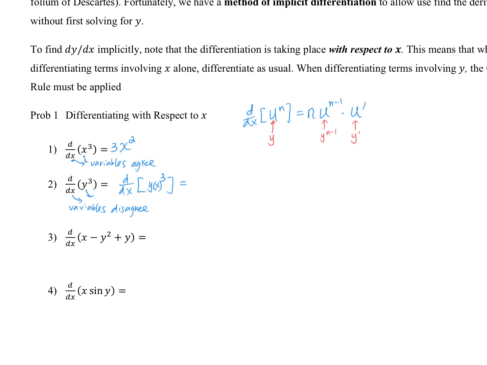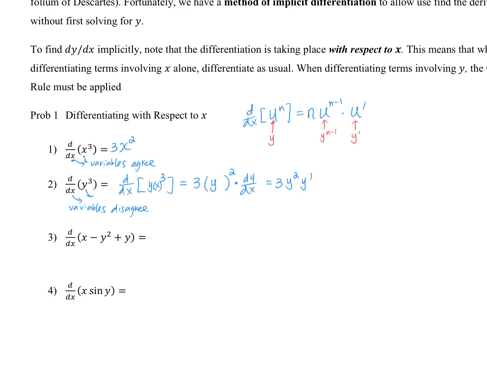So we get 3 times y squared, and then times the derivative of this inner function. Think of y as a function of x, so the derivative of y will be just dy/dx. Oftentimes I prefer to write it as 3y squared times y prime because it's a little less complicated looking, but they represent the same thing.